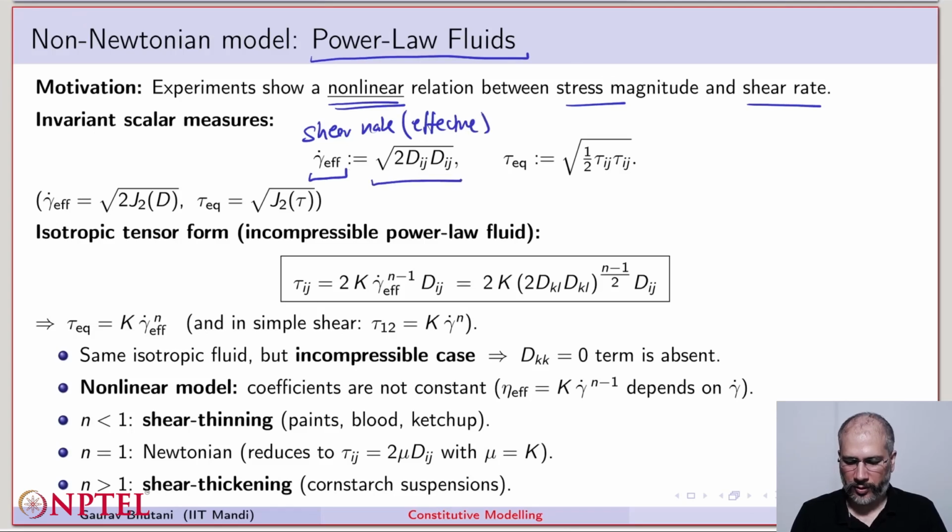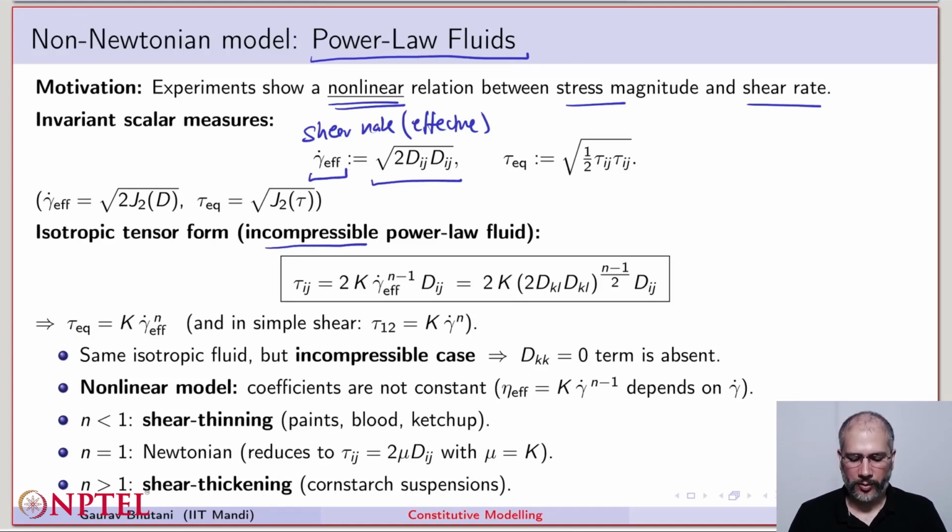And that's given as the square root of twice D_ij D_ij. Actually, for an incompressible fluid, this turns out to be the J2 of D. The J2 was the second invariant of the deviatoric part of D, as we had discussed earlier when talking about octahedral shear stresses.